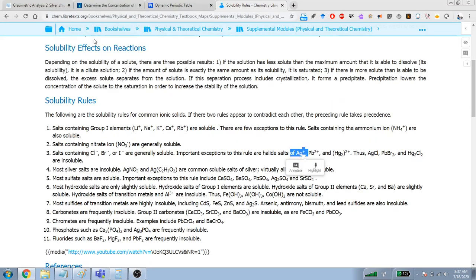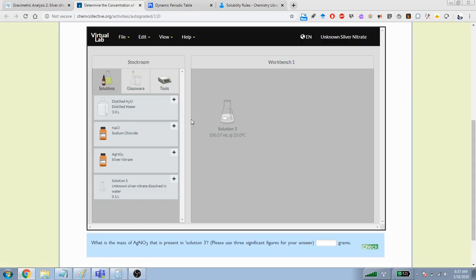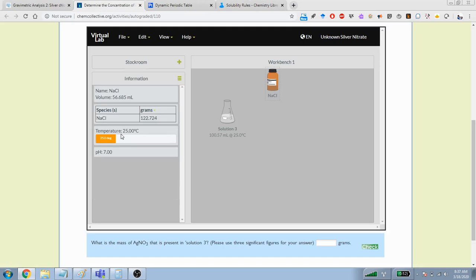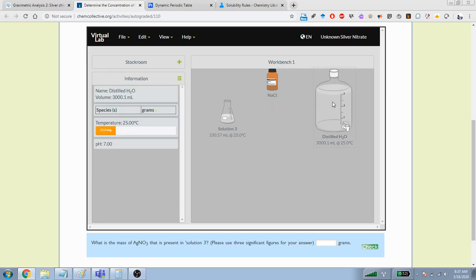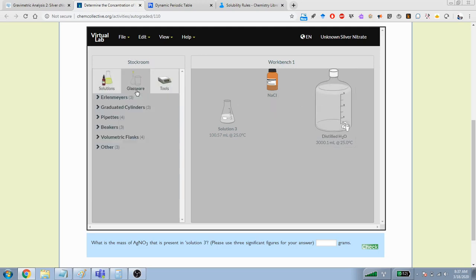Hey, where's the lab? Oh, so I'm going to take some sodium chloride. Oh, I have to make my own solution? Ugh. Okay, so really? All right, so I have to make my own solution apparently. So I'm going to go get some water now, and I'm going to get some glassware.